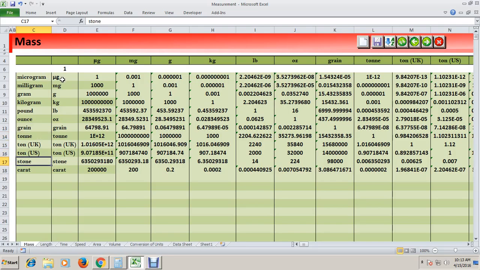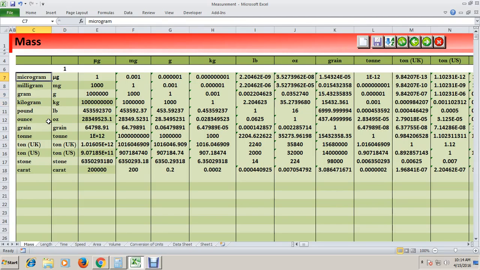Among the common units, the International System of Units standard for the unit of mass is the kilogram. The pound is the standard for the British System of Units, but for scientifically used units, we make use of the International System of Units.